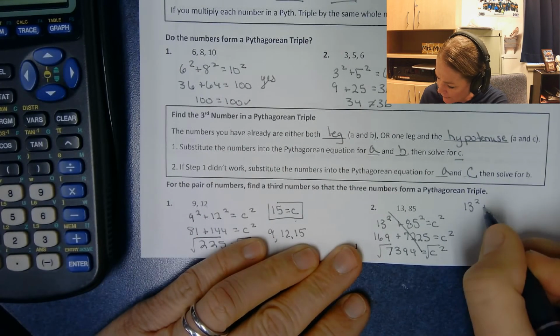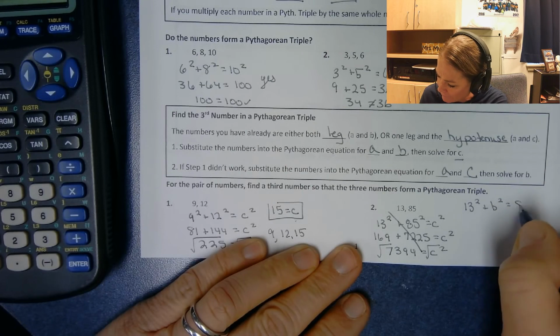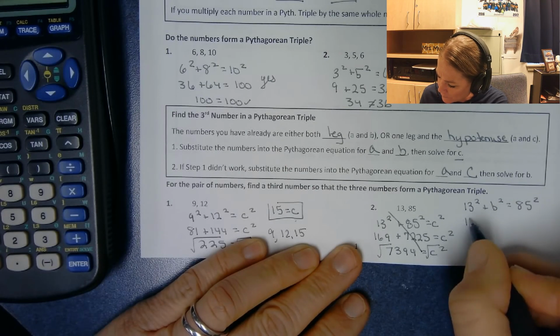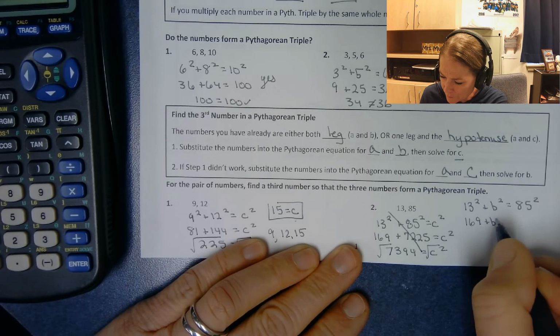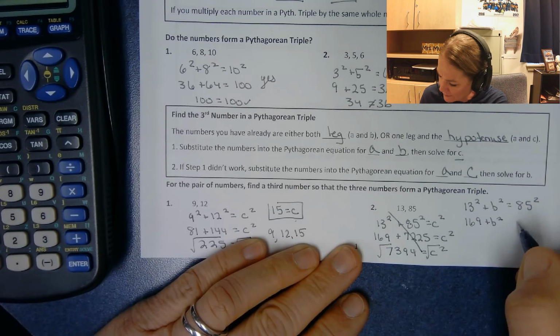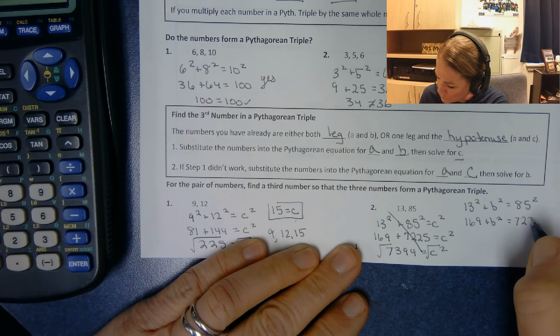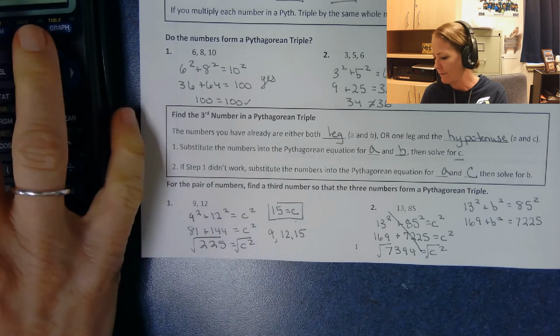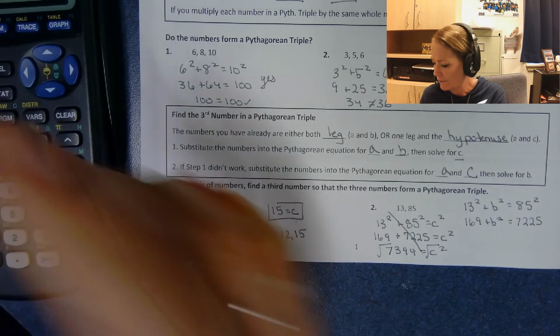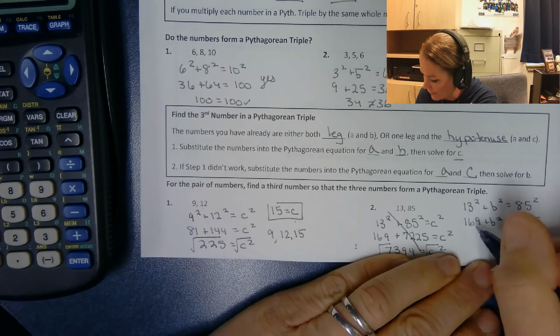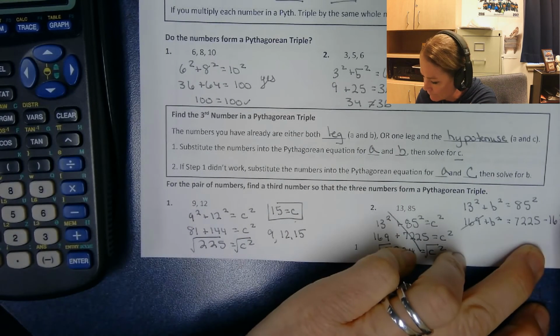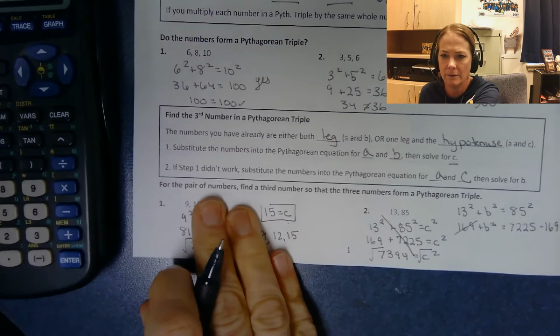So 13 squared plus b squared, and let's let 85 squared be over here. So this was 169 plus b squared, and this was our 7,225. Let's subtract 169 from that and go to calculator.